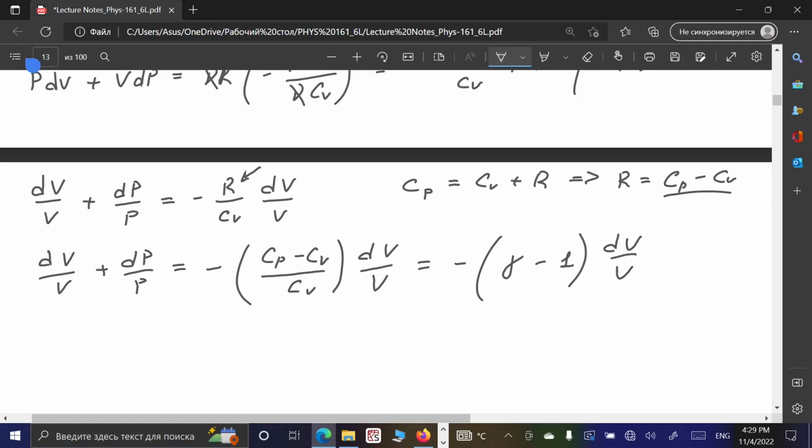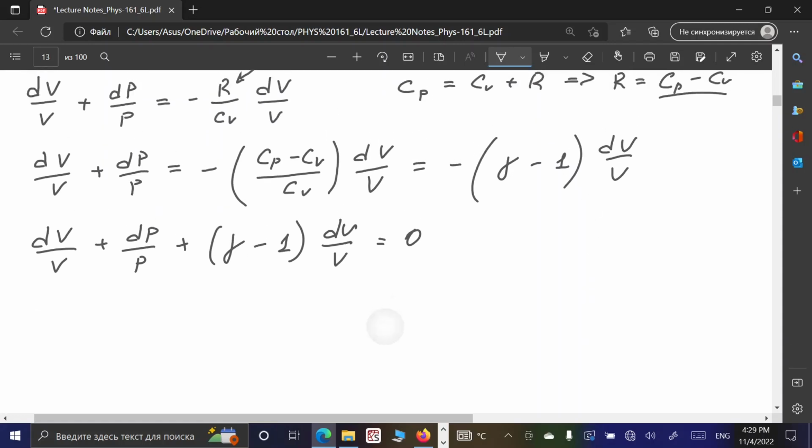Now let us transfer right side to the left. So we set the right side to 0. Get dV over V plus dP over P plus gamma minus unity dV over V. And this is equal to 0.